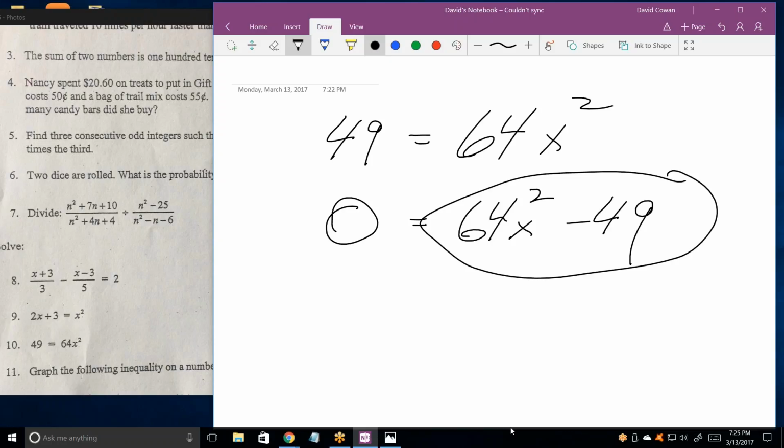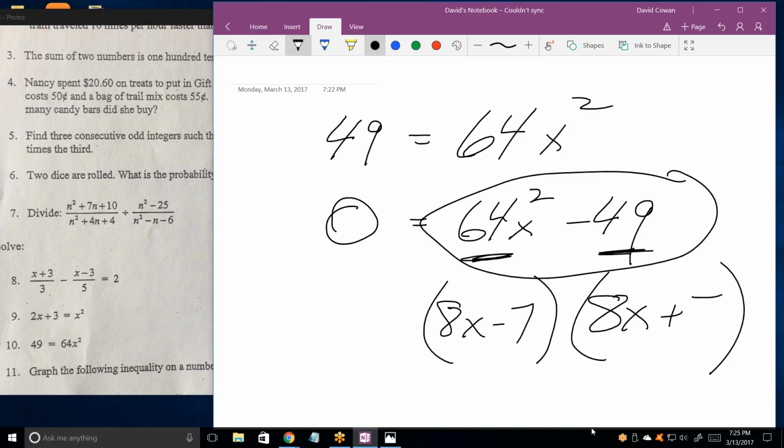That's a perfect square, 8x squared. And that's a perfect square, 7 squared. And they're being subtracted. So it's the difference of perfect squares. And this always factors into what? 8x minus 7, 8x plus 7.